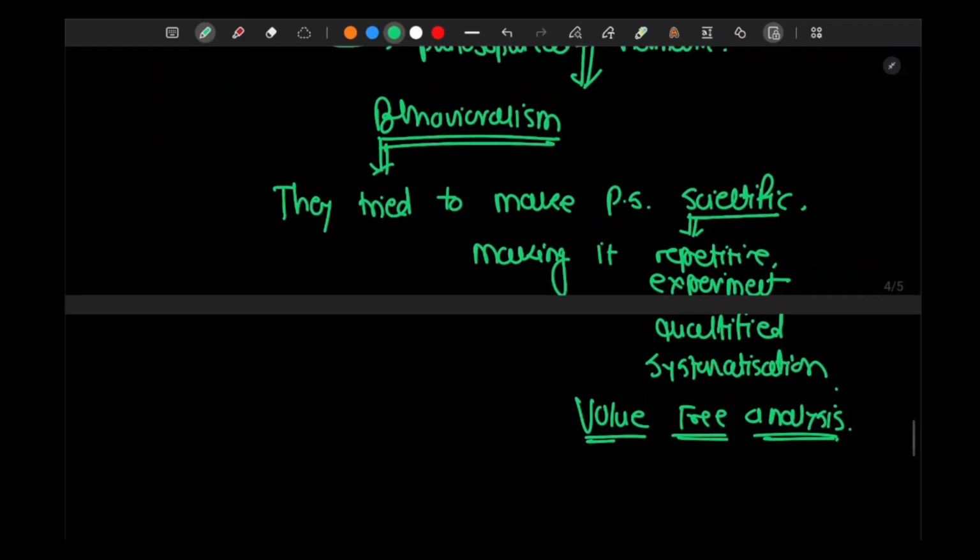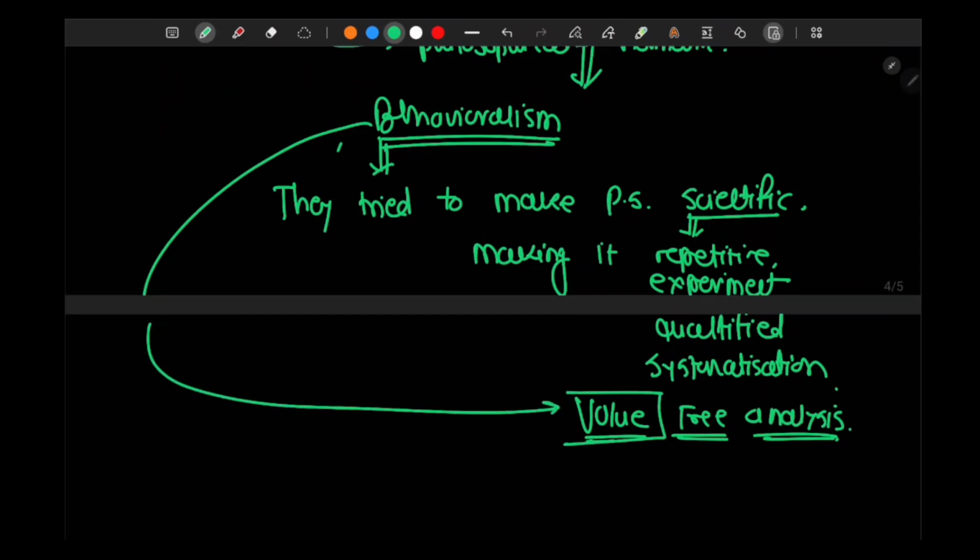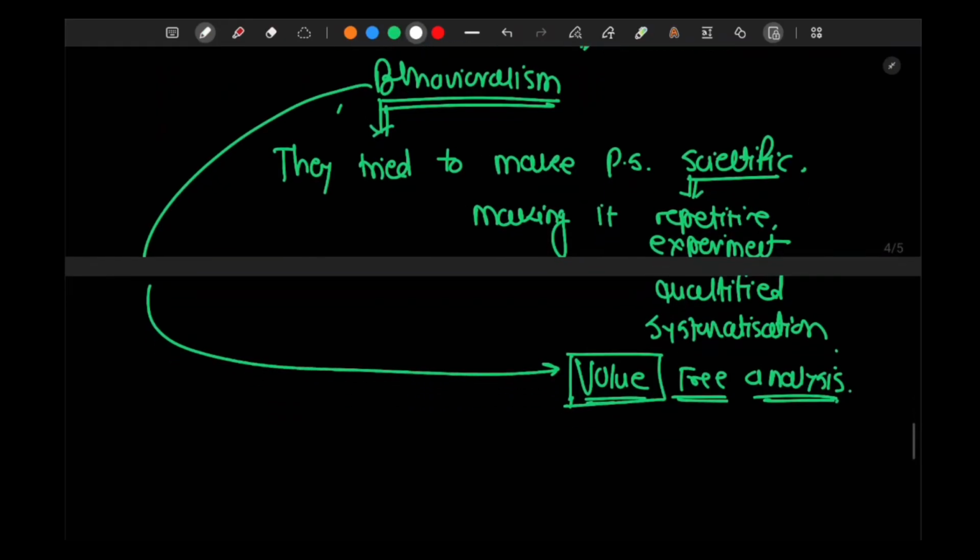So what behavioralism basically wanted to do was make political science scientific and say that political science can be without values, right? They tried to say that without values like justice, equality, rights, without values which are philosophical, we can understand and write theories of political science.